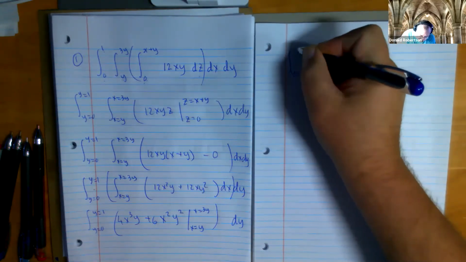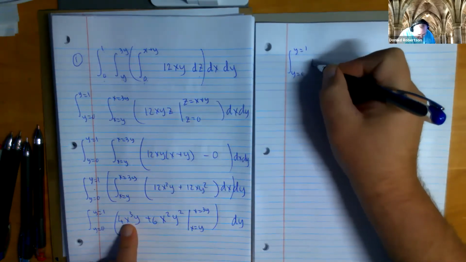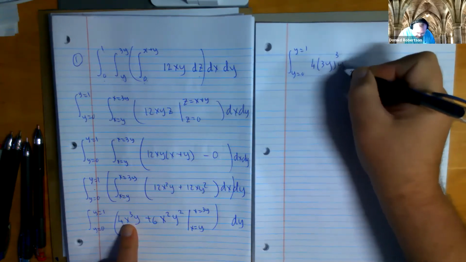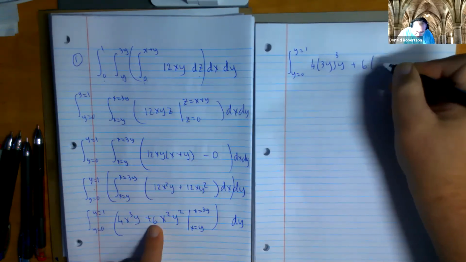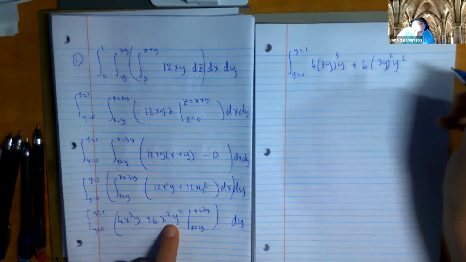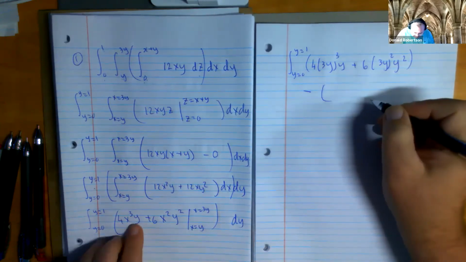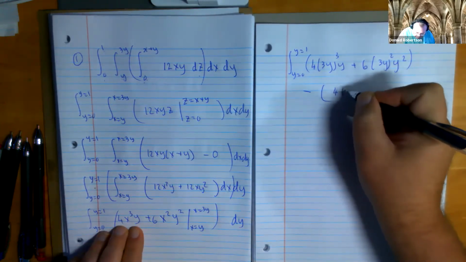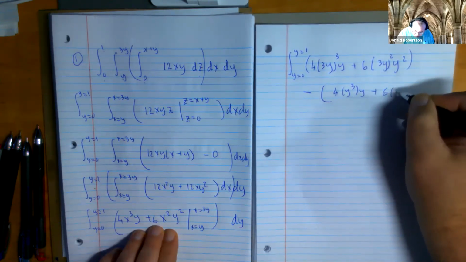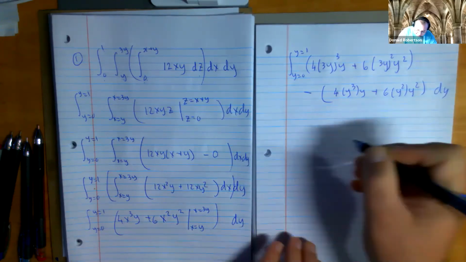Continuing with this question. Plug in 3y. That's going to be 4 times (3y) cubed times y plus 6 times (3y) squared times y squared. Take away, because it took up too much room, 4y cubed times y plus 6y squared dy.